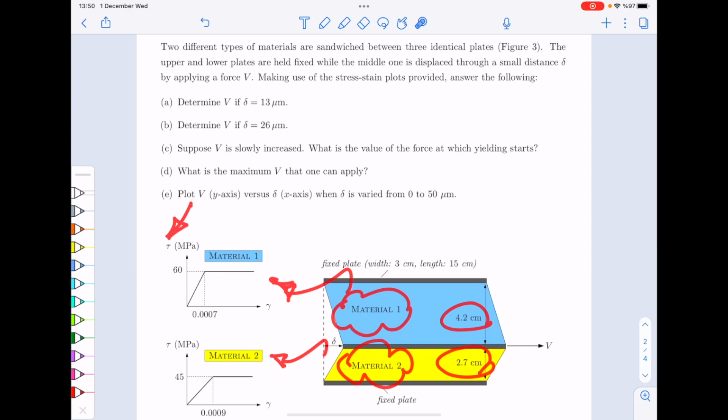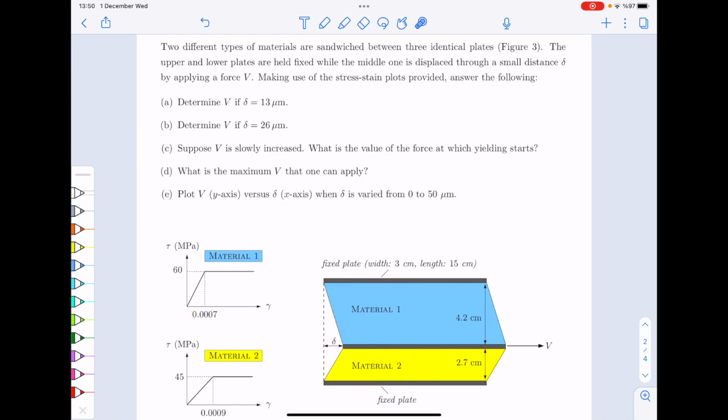Pay attention, the stresses here are shear stresses, and the strains are shear strains, okay? Which makes sense because in this particular example, we also apply a shear loading. So we don't want to confuse you. It's a purely shear type problem, and we want to study its behavior for shear.